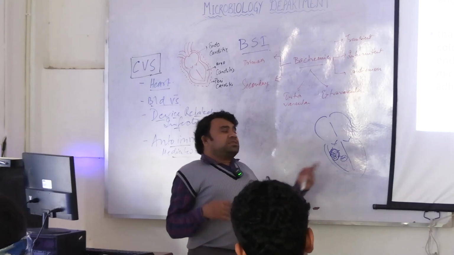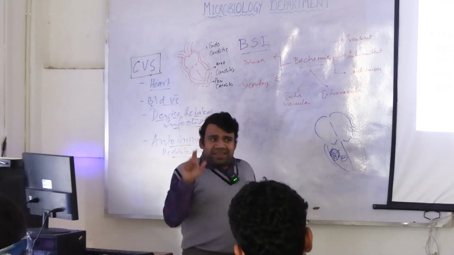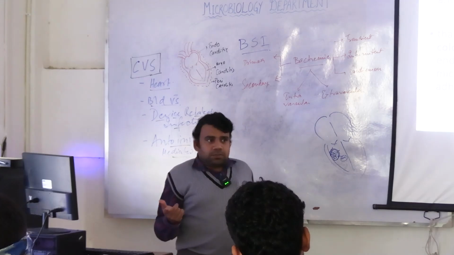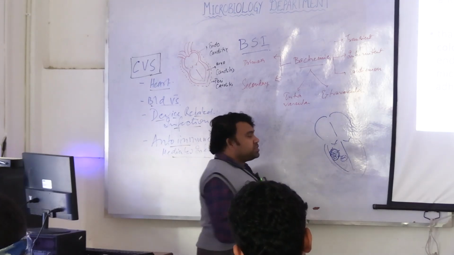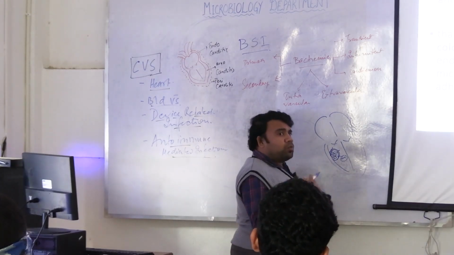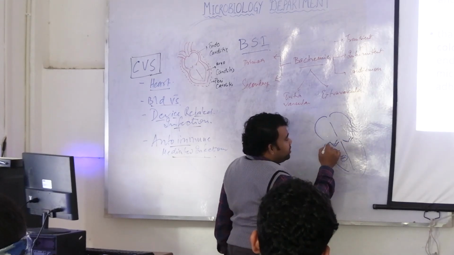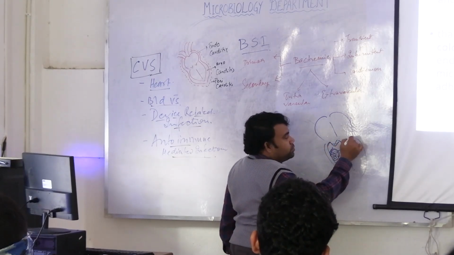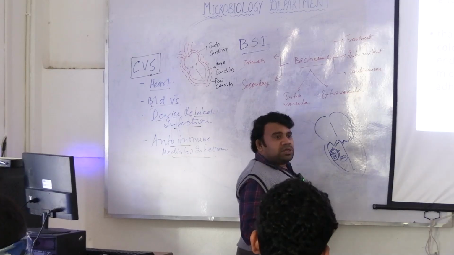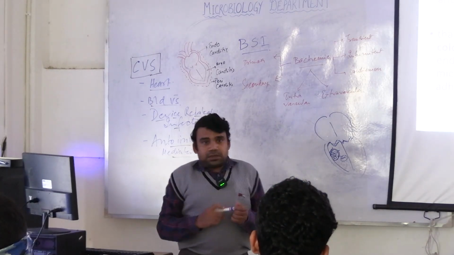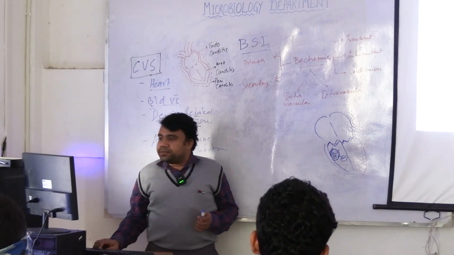Understood? Now, where these vegetations will happen? The area which are more prone to trauma from the blood vessels. The highest pressures or turbulent flow is encountered more commonly at the valves, and something that connects the valves to the, what do you call it, chordae tendineae. Understood?